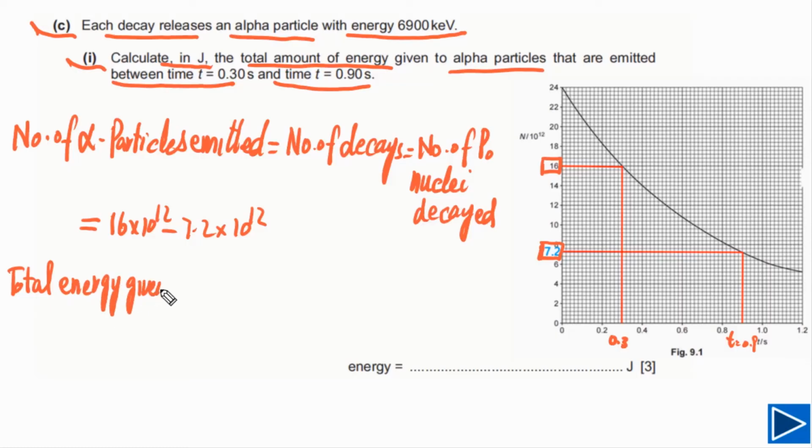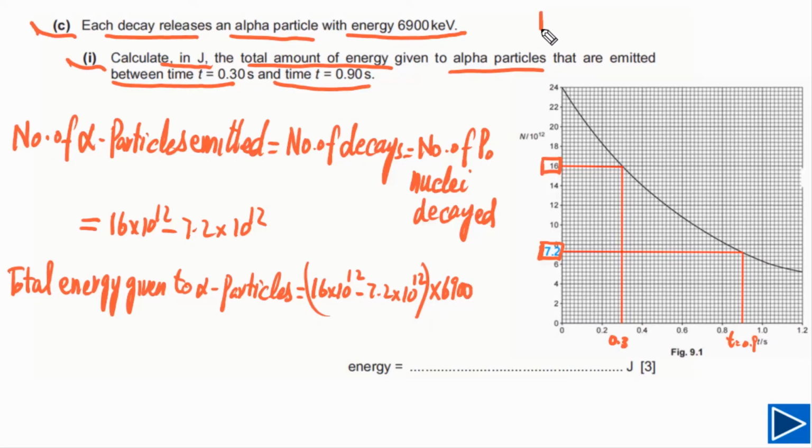So we can write the total energy given to alpha particles is equal to the number of alpha particles times the energy released in one decay, or the energy given to an alpha particle in one decay. So simply this is 16 times 10 to 12 minus 7.2 times 10 to 12, and we have to multiply this with the energy given to an alpha particle in one decay, that is 6900 kilo electron volts.